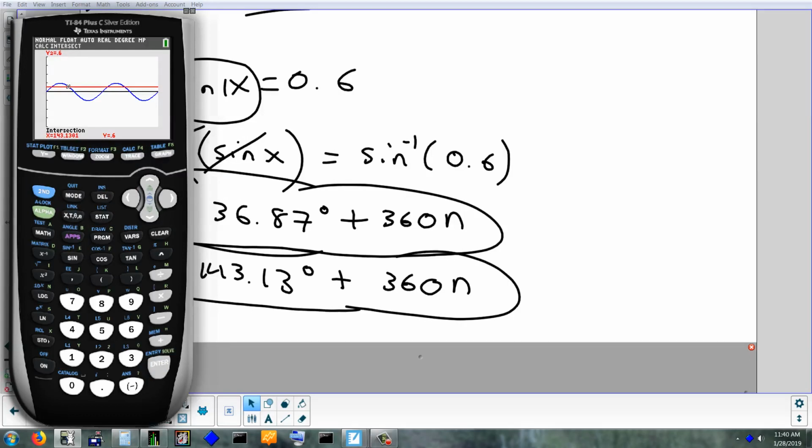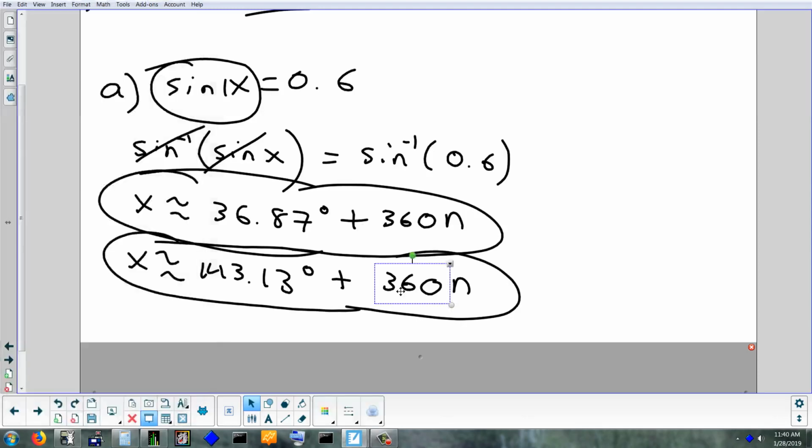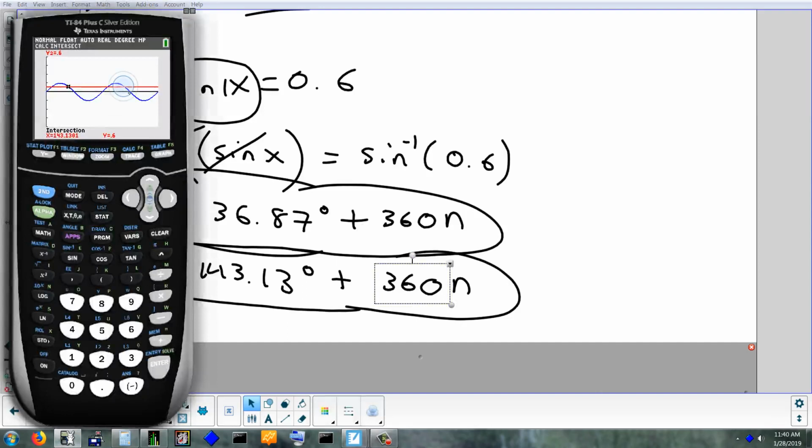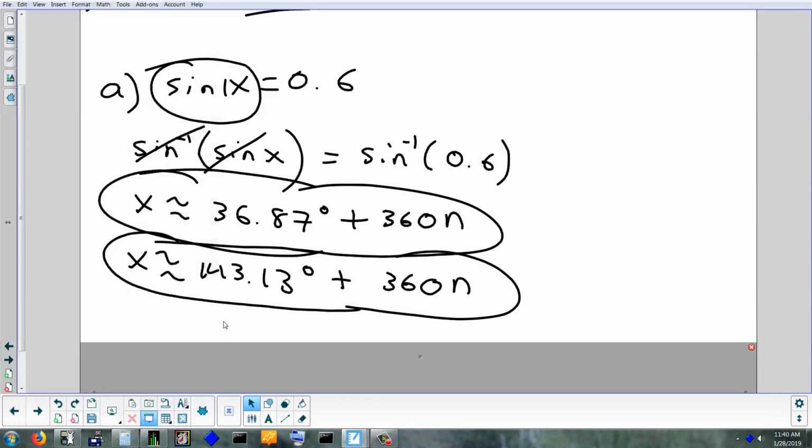So if you add 360 to 36.87, that's this intersection point. If you add 360 to 143, that's that intersection point. And you can keep adding 360 forever, or subtracting. But that's how you get your 2 answers.